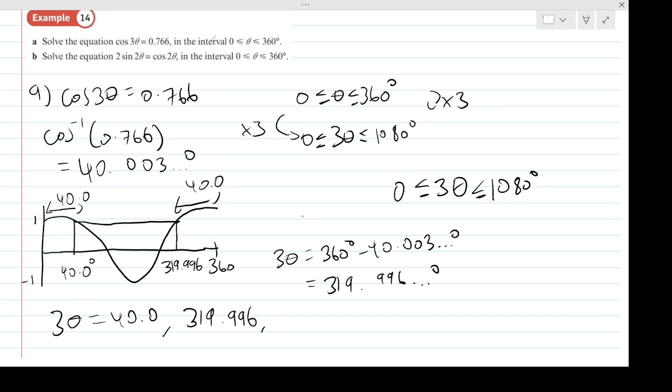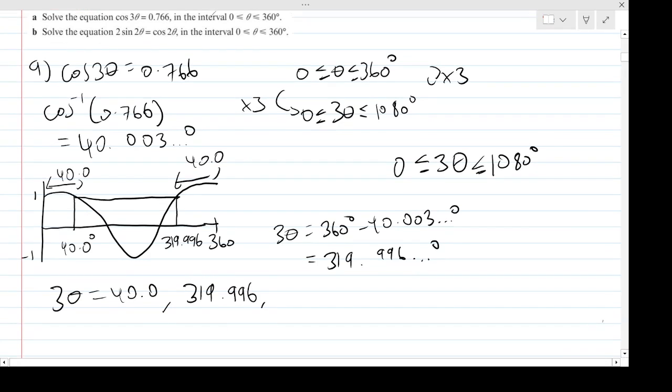And then, because we now found the two solutions next to each other, the first solution at 40 and the solution after it, to get more solutions we just need to add 360 on to each of these, because the graph's repeating every 360, right? So to obtain the other solutions, we need to add 360 on to our current solutions.